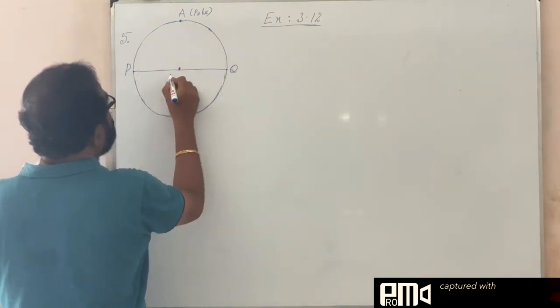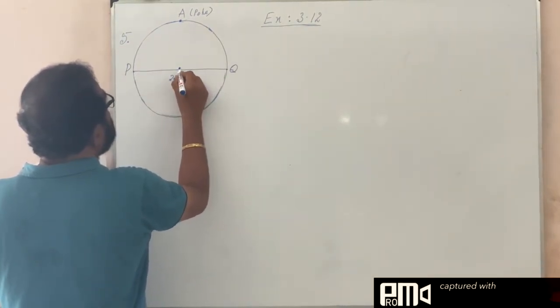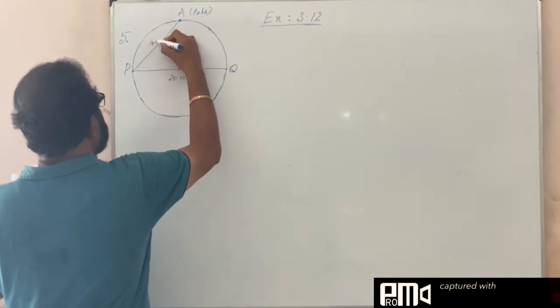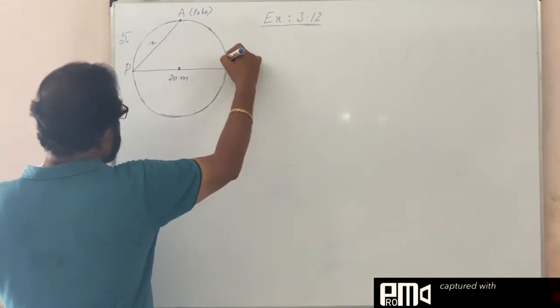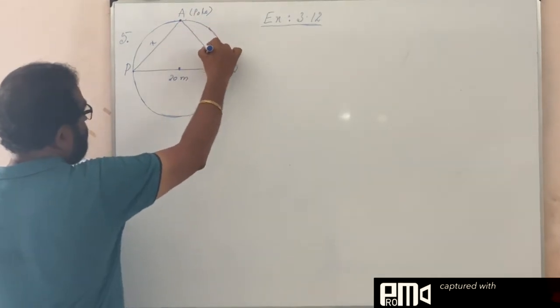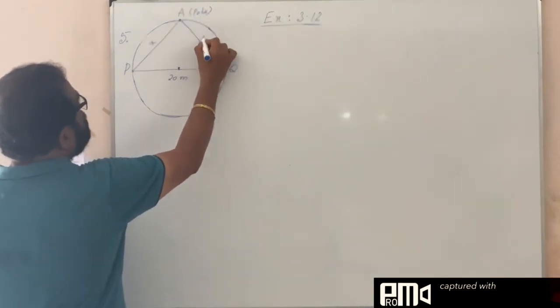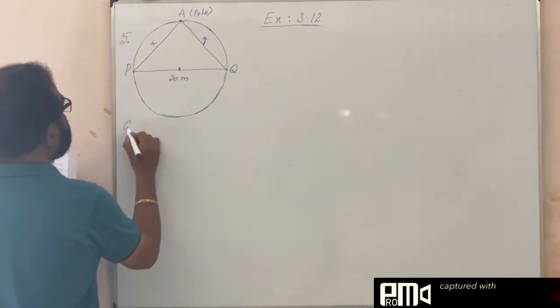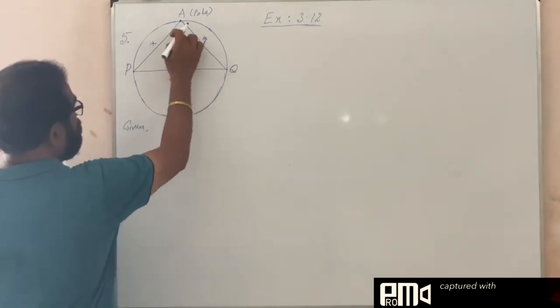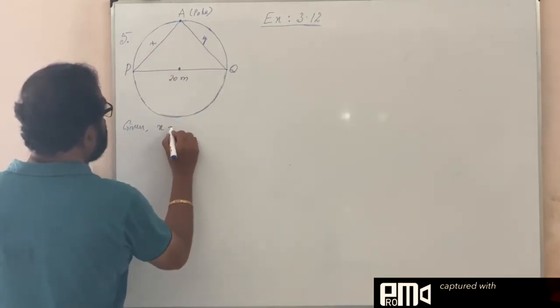Here the total length is 20 meters. This is the center of the garden. Distance from the gate P to that pole is x meters. We take it like that. Then the distance between this gate Q and the pole is y meters. The given thing is the difference between these two distances is 4 meters.